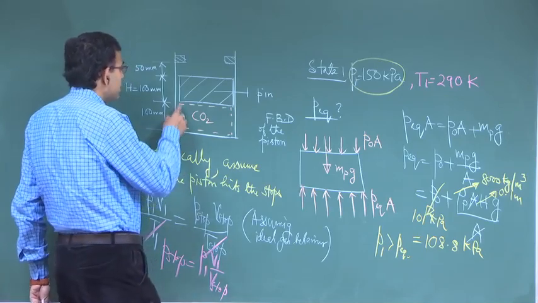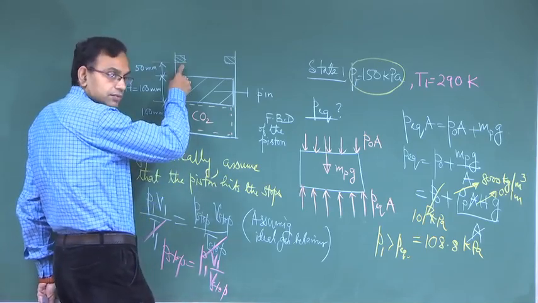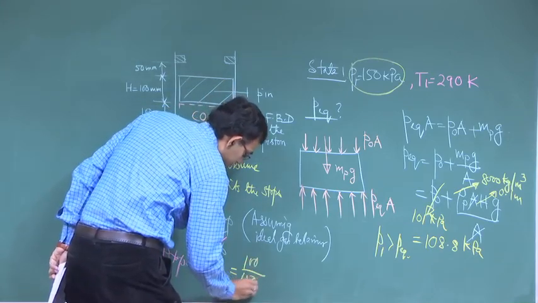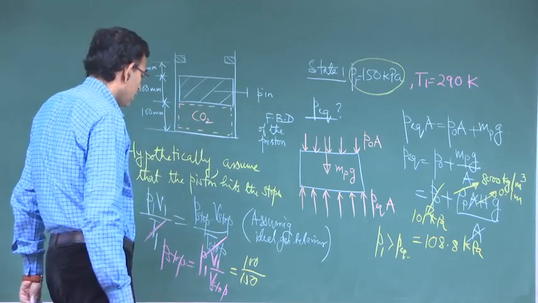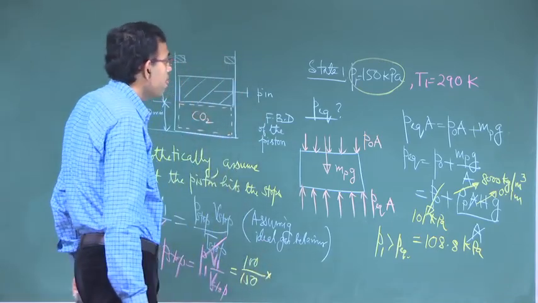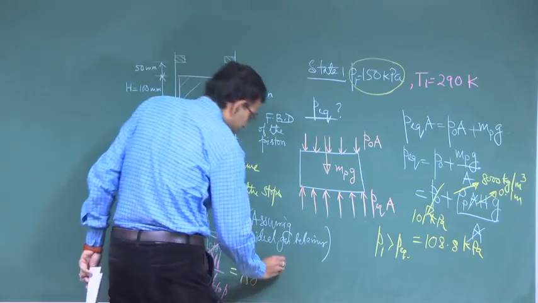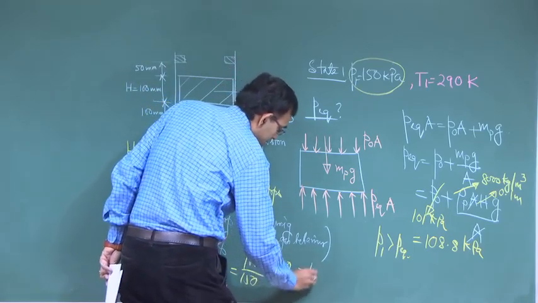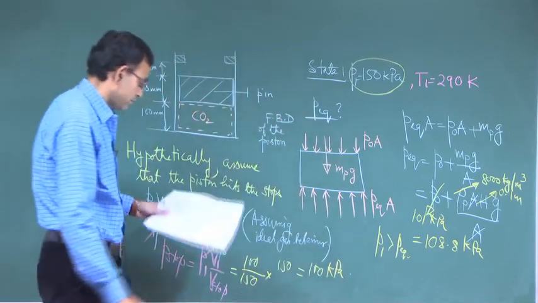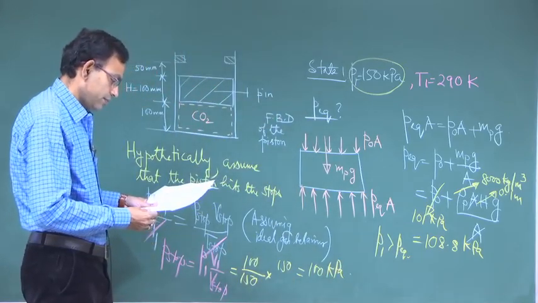V1 by V stop is 100 by 100 plus 50. So, this is 100 by 150 into P1, which is 150. So, this is 100 kilopascal.